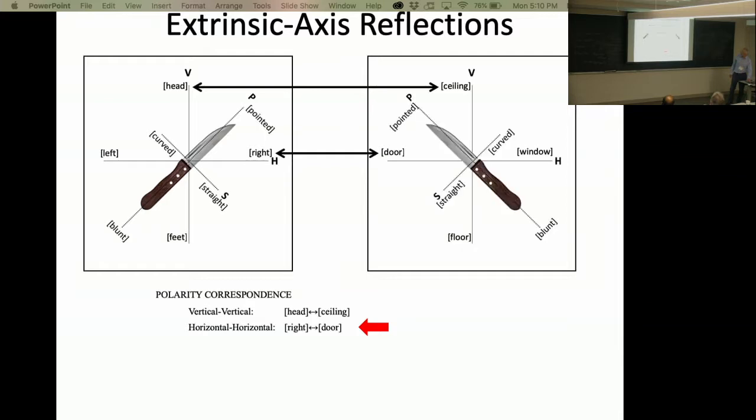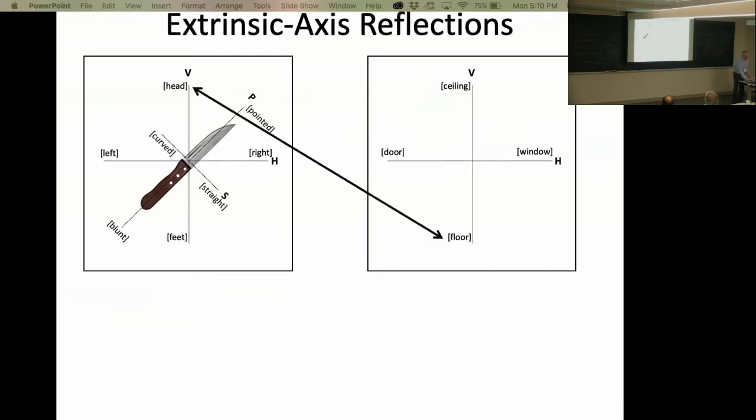That will end up having me place the knife incorrectly within the environment-centered frame such that it's reflected across the vertical axis. So it'll go from like this to like that. And so that is an extrinsic vertical axis reflection. That's how it could occur.